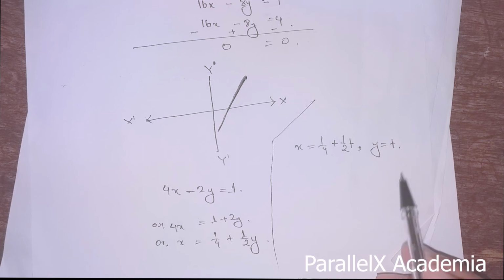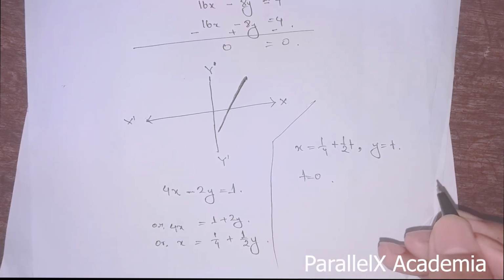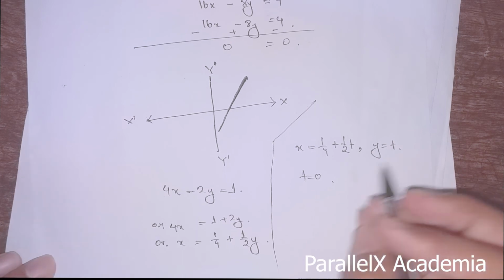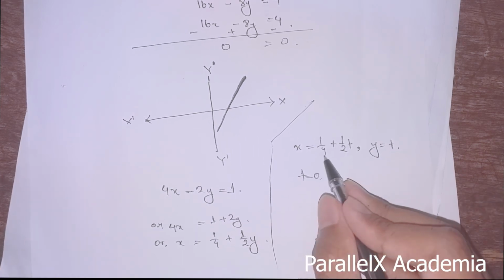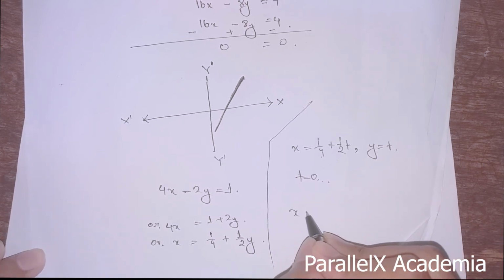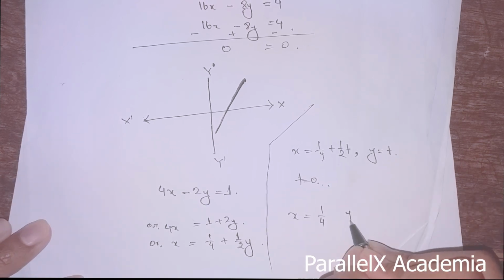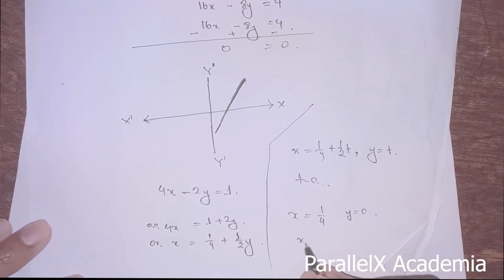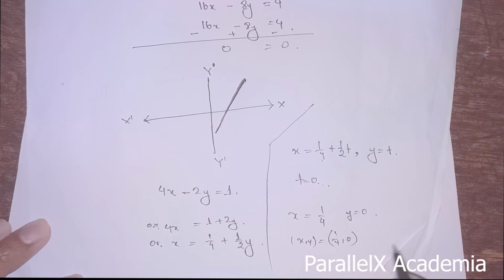For example, if t equals 0, then x will be 1 by 4 and the value of y is 0. So the solution is x, y equals 1 by 4, 0.